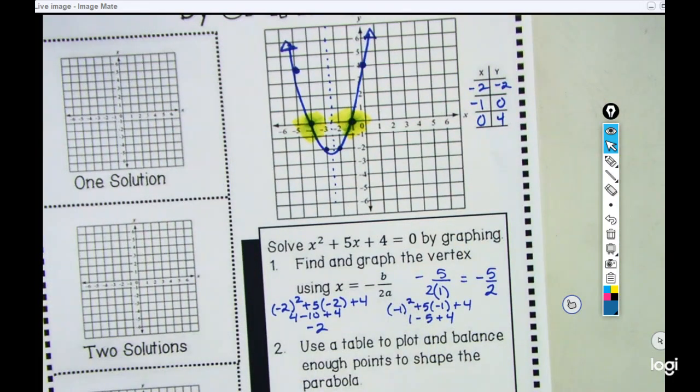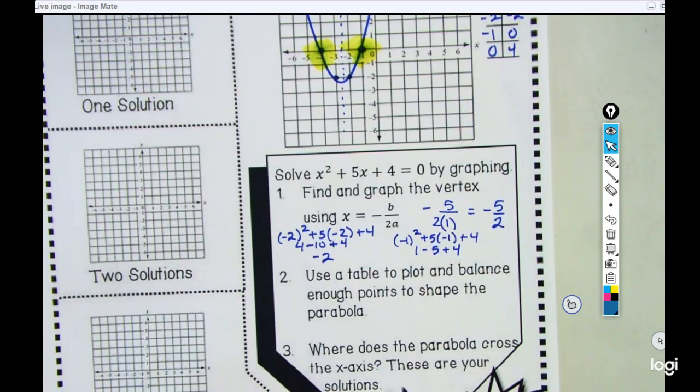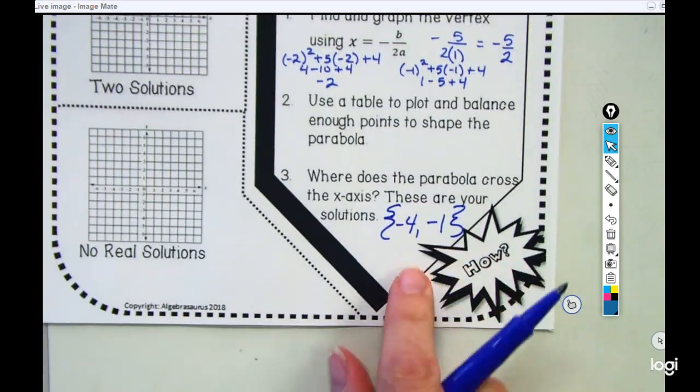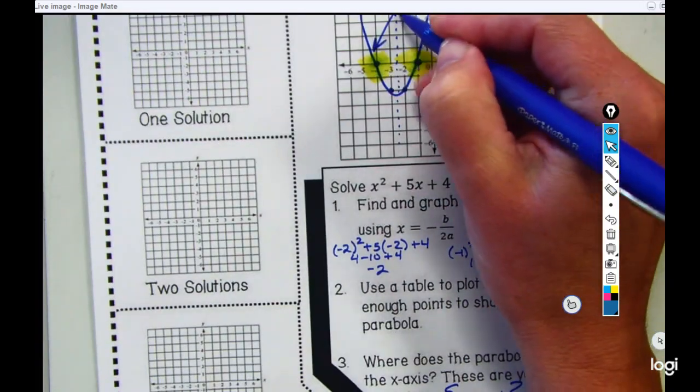They're both on the x-axis. They're both negative, but they're both crossing the x, they're x-intercepts, right? So she's exactly right. Our solutions are negative 4 and negative 1. It's where it crossed the x-axis. So these are our solutions.